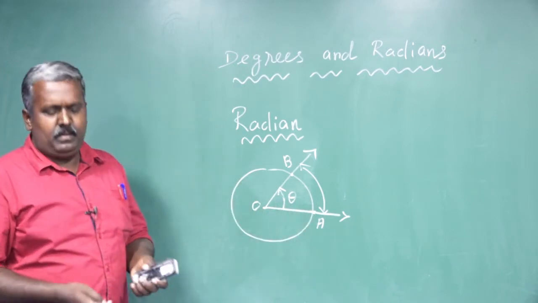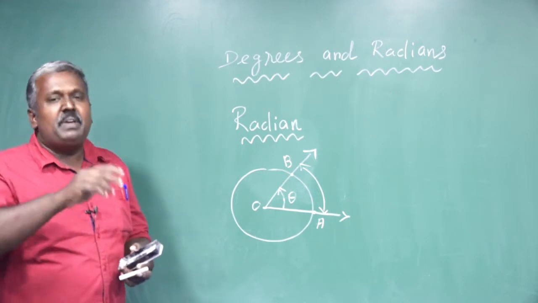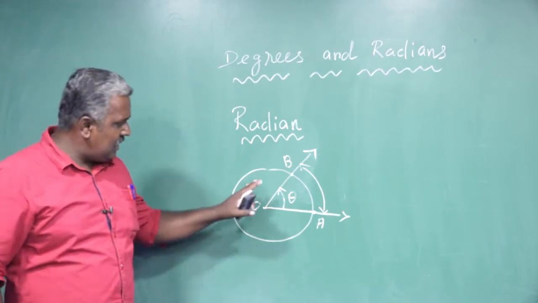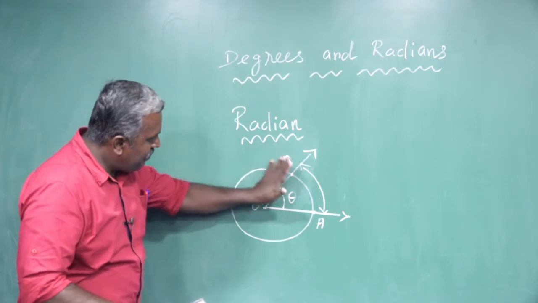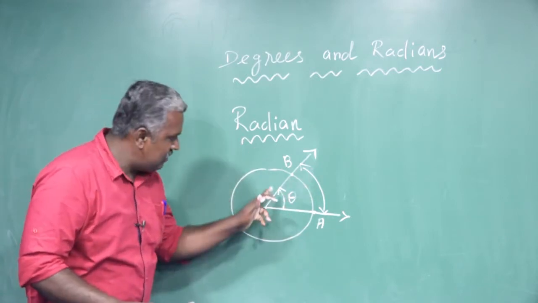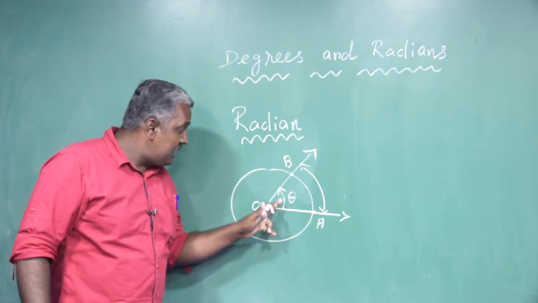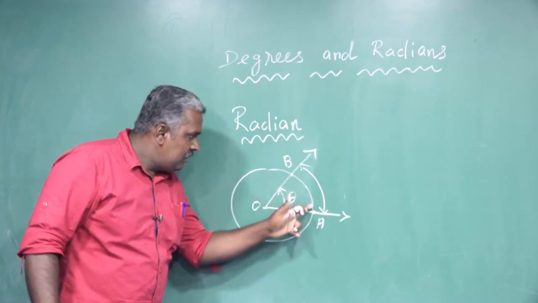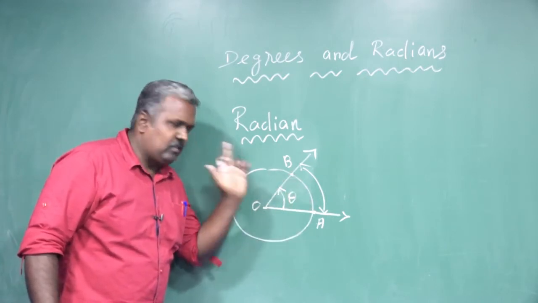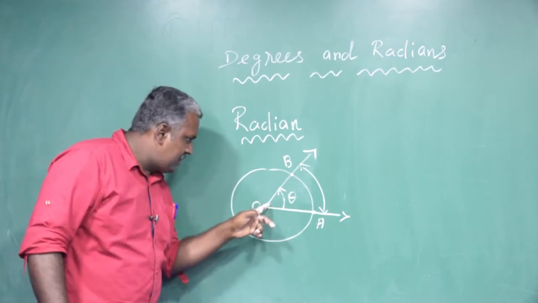What is meant by radian? This is an angle on the plane, so that is called a planar angle, subtended by circular arc at the center of circle.